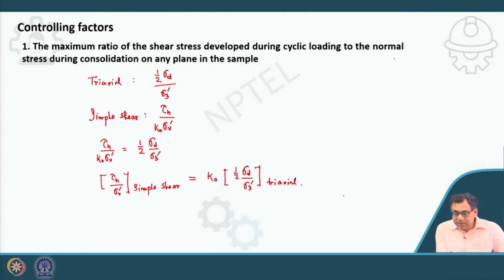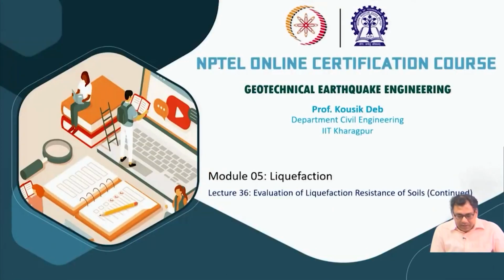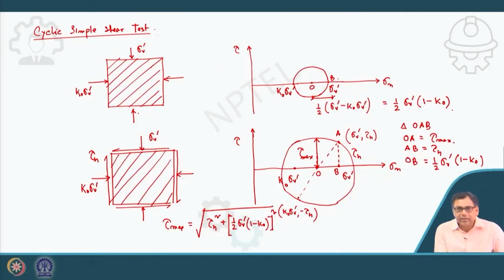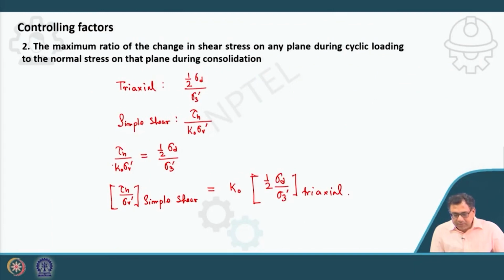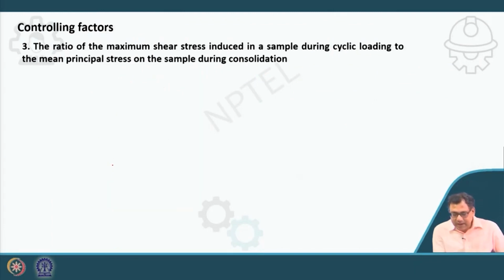In the previous case it was for any plane. That's why we have taken this plane. Okay, so yes, any plane. Now it is the maximum shear stress induced in a sample during cyclic loading to the mean principal stress on the sample during consolidation.